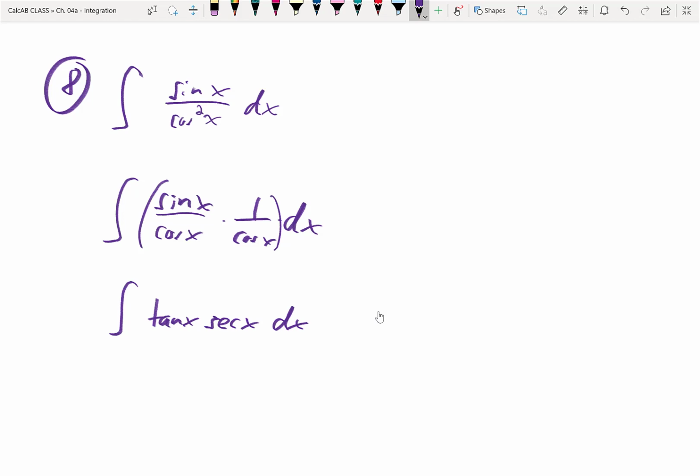And which function's derivative is tangent secant? Secant. Just basic secant. Of course you remember that.